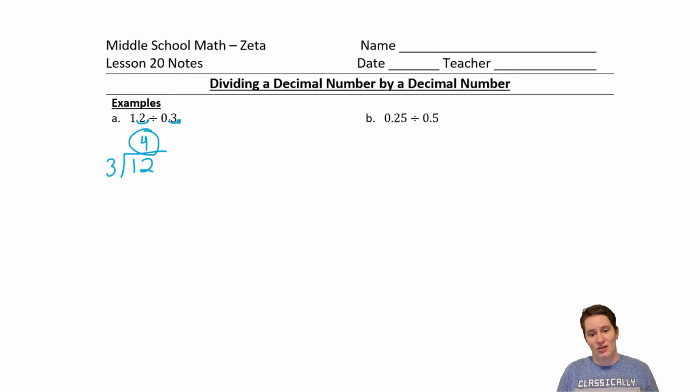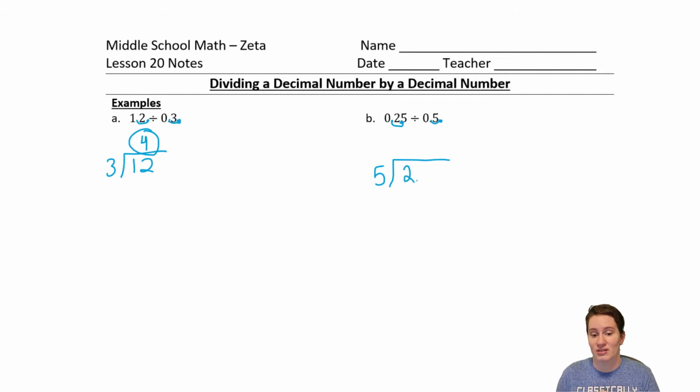And that method is saying, okay, I don't want to divide by a decimal. So I want this to be 5, not 0.5. In order to make it 5, how many places do I move the decimal? I move it over once. So for the 0.25, I need to move over once as well, not twice, because I only moved it once for the 5.